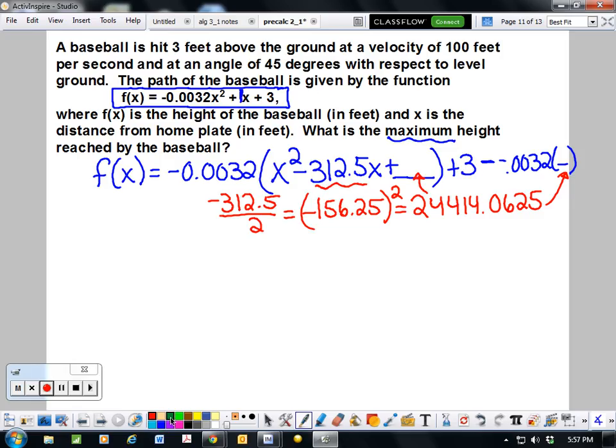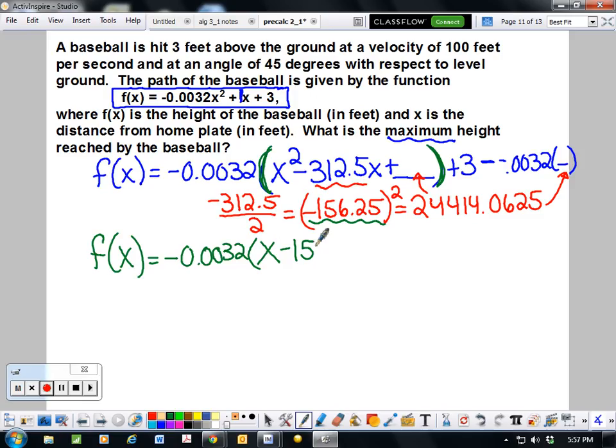And now I'm going to go ahead and work on factoring. So this is negative 0.0032. And when we were talking about completing the square, I told you about a little trick: if I'm going to factor this, there's a way to know how it factors. It's going to be x and then whatever I got after I divided by 2. So minus 156.25 squared.